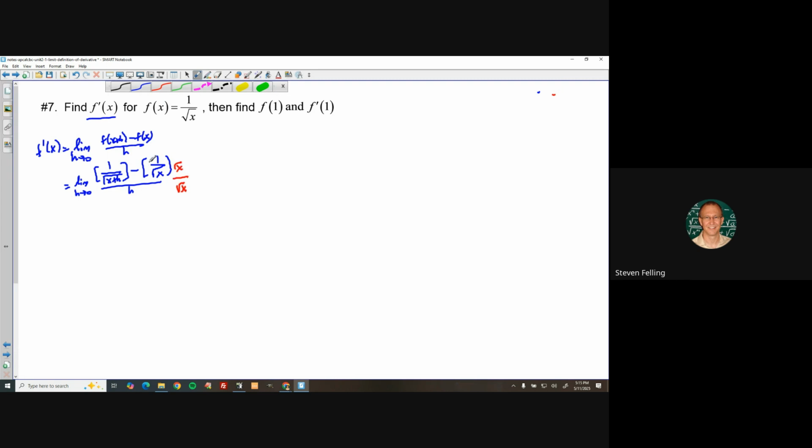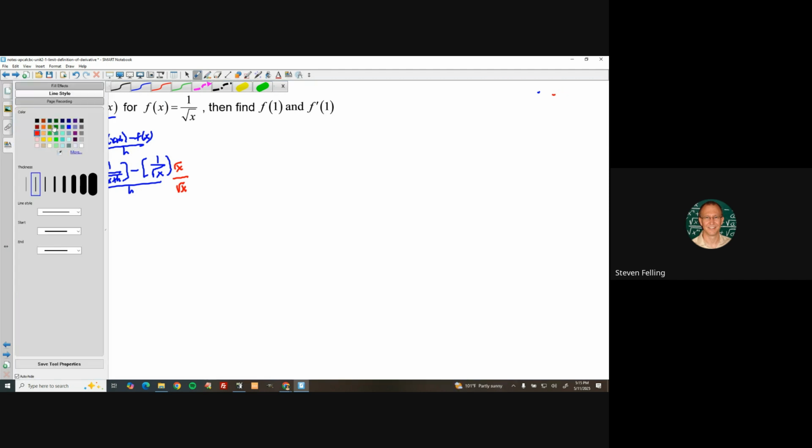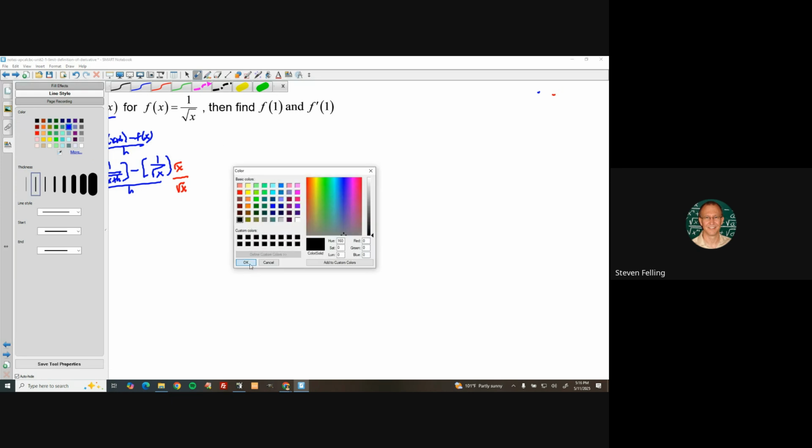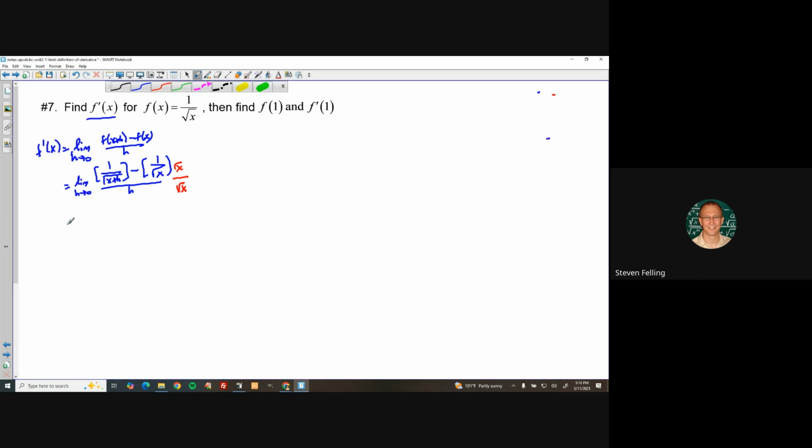That means when I multiply this in here, that's equal to the limit as h approaches 0 of, multiplying this across here, it's going to give me square root of x over square root of x plus h minus, and then this is square root of x over square root of x, which is a 1, and then I have an h and a square root of x on the bottom. So that got rid of this fraction inside of the bigger fraction.